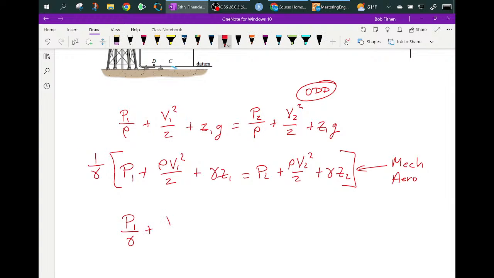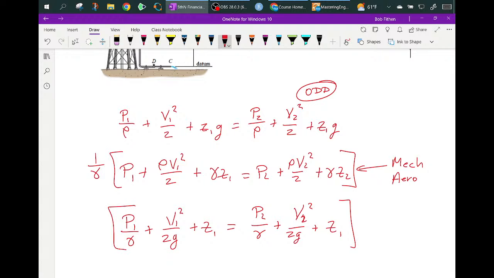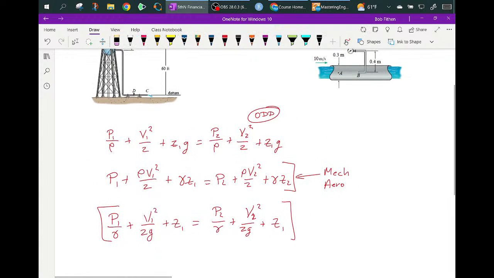And the reason civils like this, here's why mechanicals and aeros like this form.